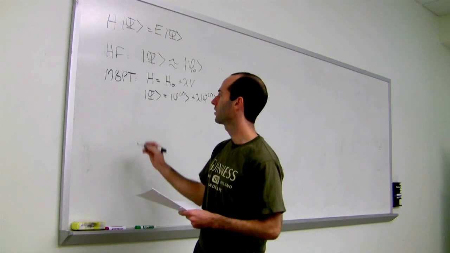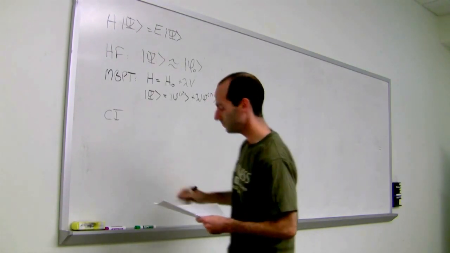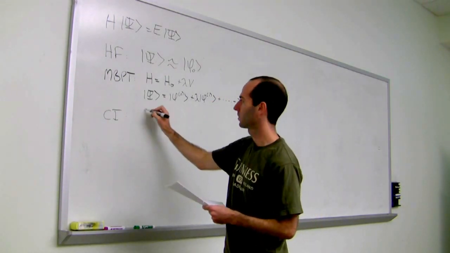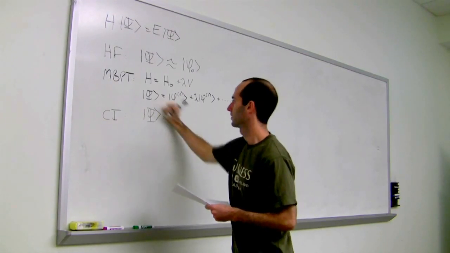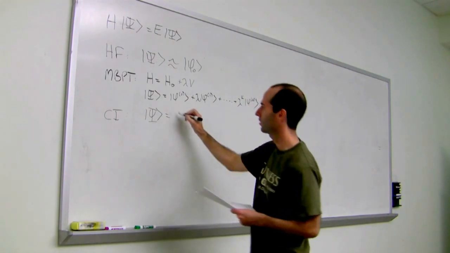On the complete other end of the spectrum, we have configuration interaction, which is formally exact. We express the wave function as a sum over all possible electronic configurations, hence configuration interaction.